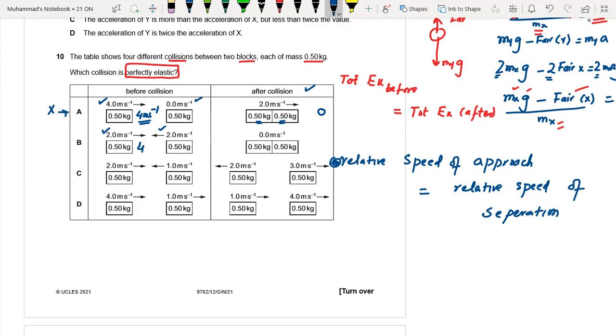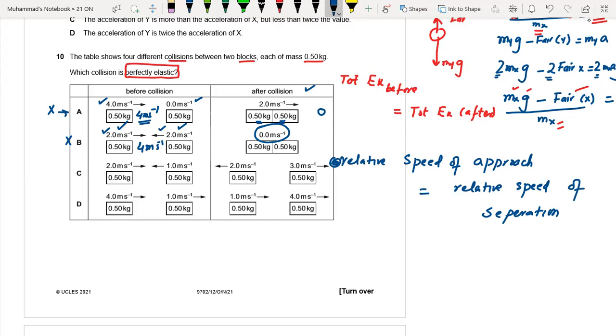In this case, their speed of approach is 4 meter per second, 2 meter per second plus 2 meter per second. And after collision, they are at rest. So again, their speed of separation is zero, but their speed of approach is not zero. So that's why this option B is also incorrect.